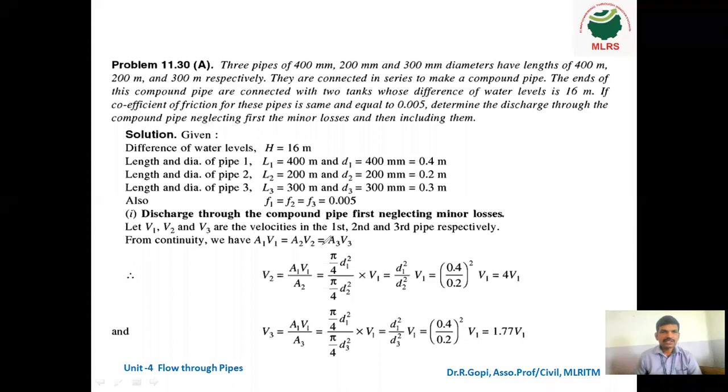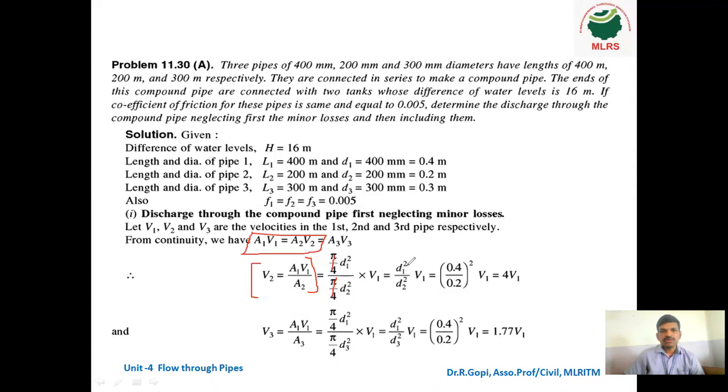I take this equation first: A1 V1 equal to A2 V2. From this, find V2. V2 is equal to A1 V1 divided by A2, which is equal to pi by 4 D1 square over pi by 4 D2 square, into V1. The pi by 4 and pi by 4 get cancelled.